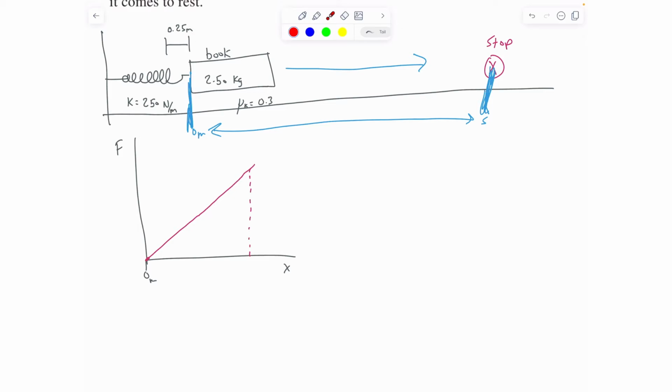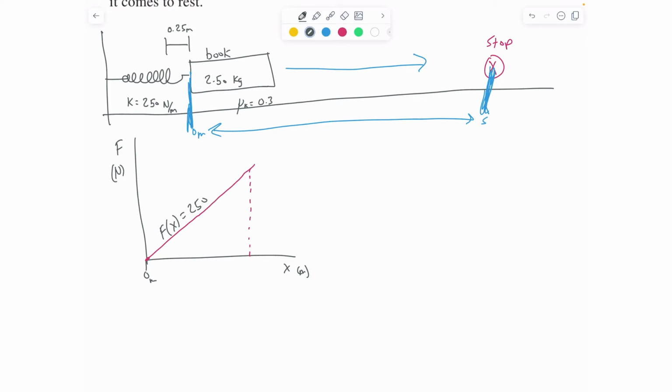And so this slope right here is basically k. The force as a function of x is 250 x, which is what we have here. It's Newtons divided by meters, because this axis is in Newtons and this one is in meters, and so the slope is Newtons per meter.